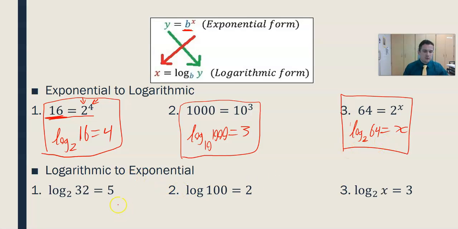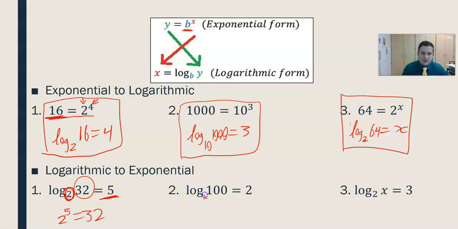Now let's go backwards. Let's change logarithms to exponential functions. So log base 2 of 32 is saying the exponent on this base to make 32 is 5. So I have this base, this is the exponent, and my result is 32. 2 to the 5th power is 32.